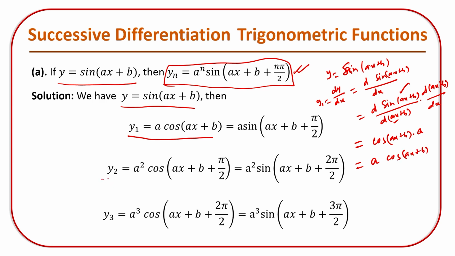Now find y2. y2 is the same thing, the differentiation of y1 with respect to x. Since the answer is in sine theta, this can be written as a into cos of ax plus b plus pi by 2, right? And how did we reach this conclusion?